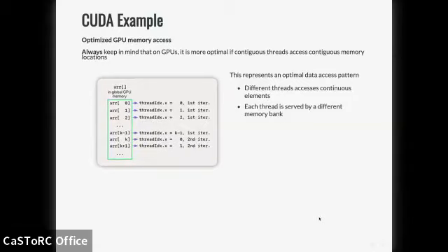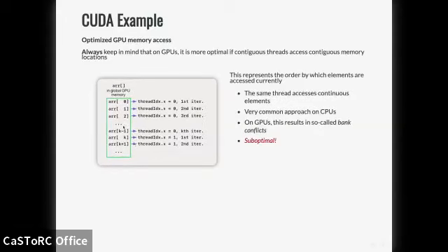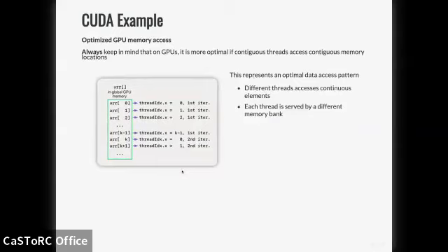What that would mean in this specific example is, before, this is the array 0, 1, 2, 3, and these are the threads 0, 0, 0, 0, 0, then 1, 1, 1, 1, 1, right? But you want to transpose this, okay?